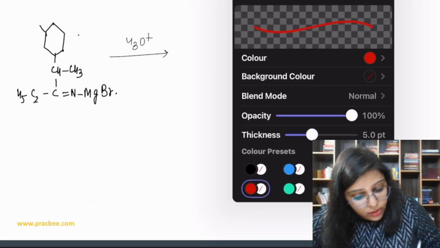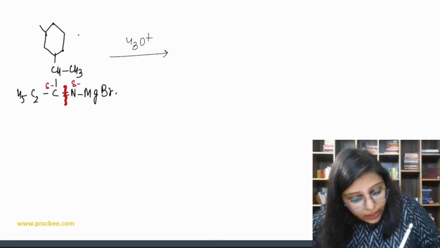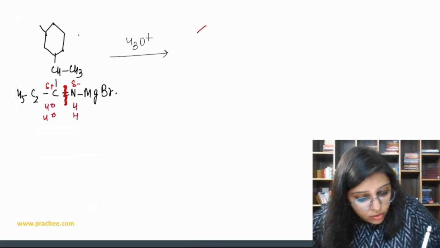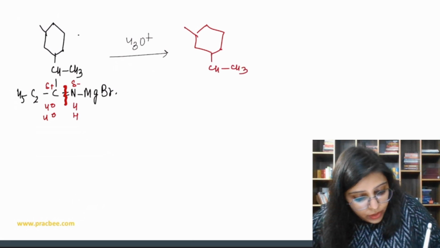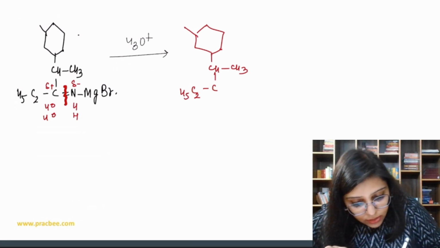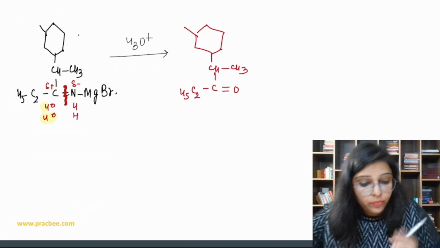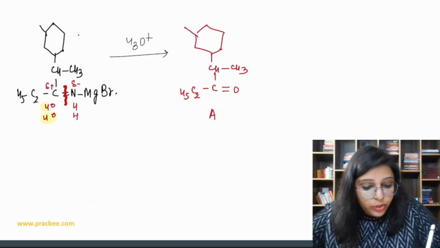We have to dissociate this carbon nitrogen bond. Nitrogen is more electronegative and carbon is delta positive, so here we write OH and OH, and with nitrogen we write H, H. So with this we write CH CH3, then C, C2H5. Now 2 OH groups are unstable on one carbon, so there is a loss of water, and we write C double bond O. Okay? So this is going to be A.